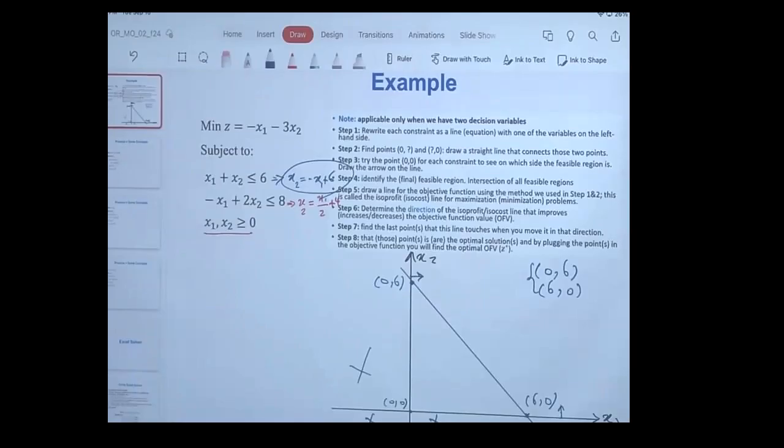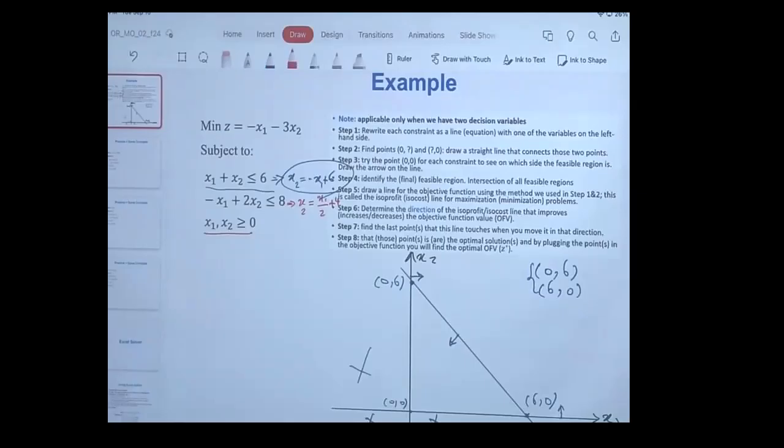Is it feasible? 0 plus 0 is less than or equal to 6. So the direction is this way. So our feasible region is now reduced to a triangle, basically.